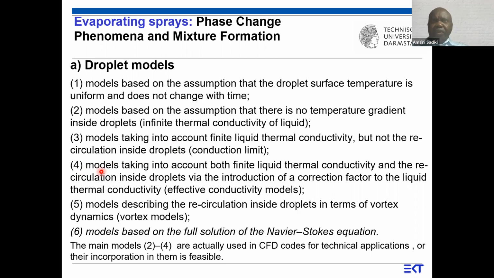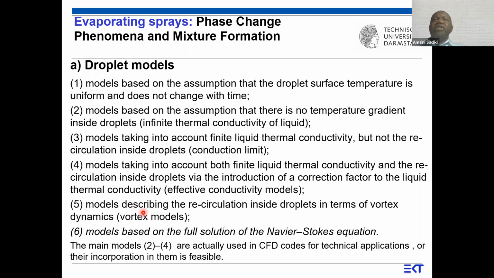We have also another assumption, which is called the convection limit. If we have both, we have finite liquid thermal conductivity and we have the recirculation, then we speak about the effective conductivity models.